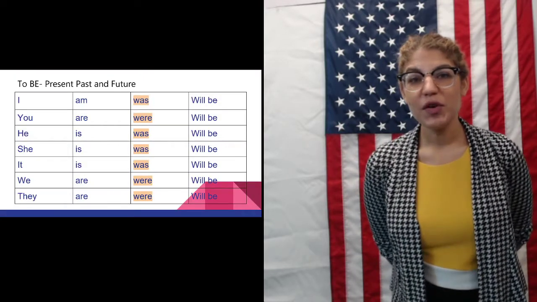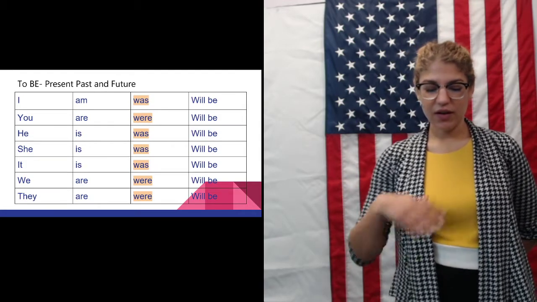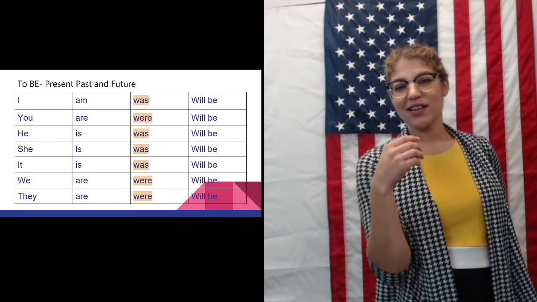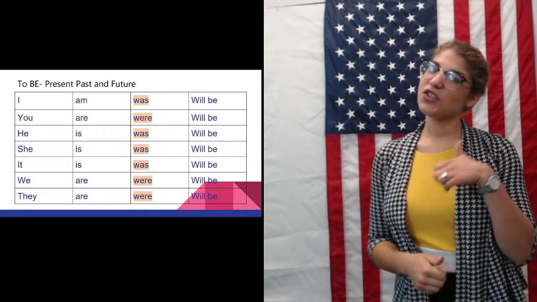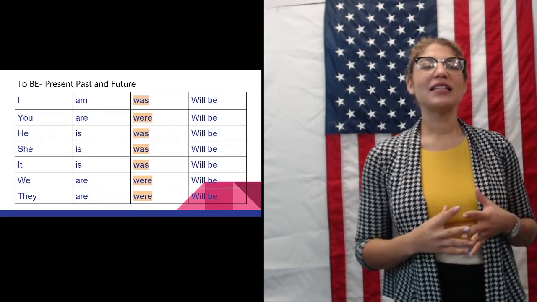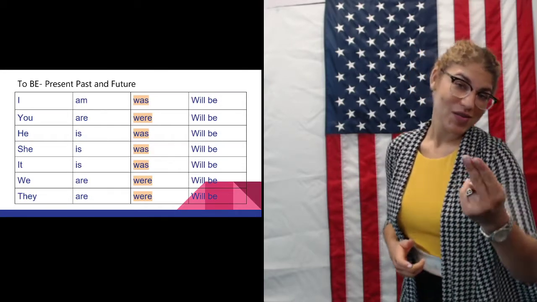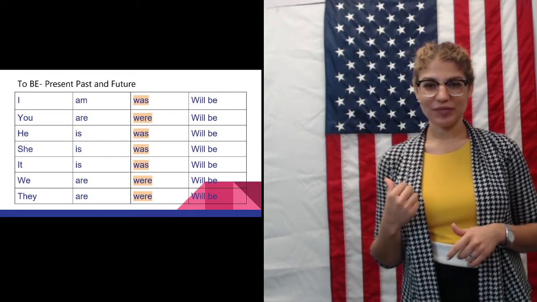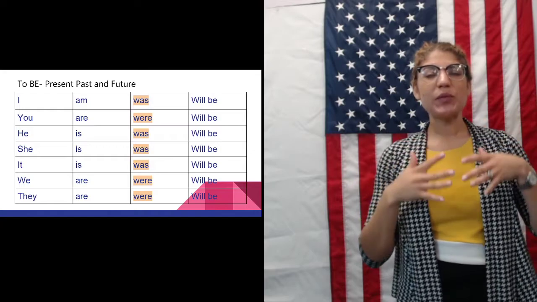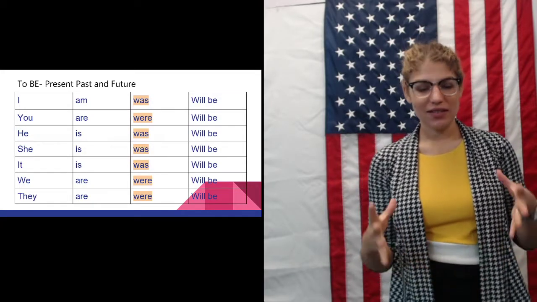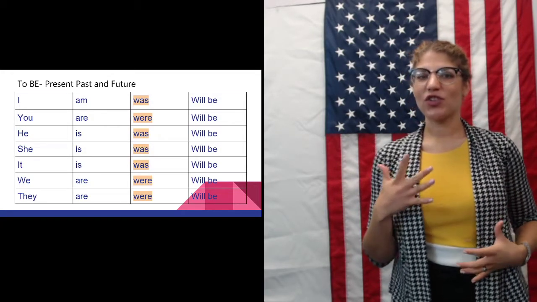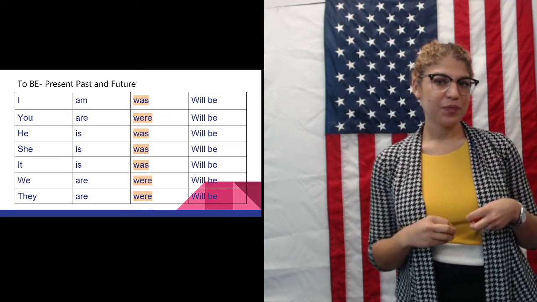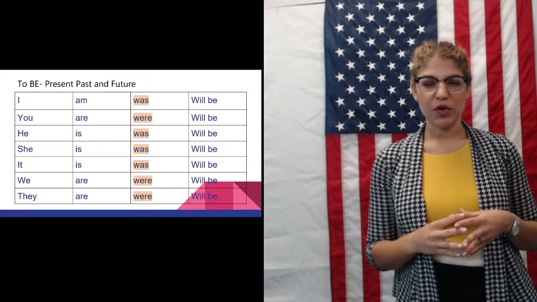The verb to be we use for I am, you are, he is, she is, it is, we are, and they are. When we talk about things in the present, especially feelings, sentiments, and understanding in the present, we use the verb to be.